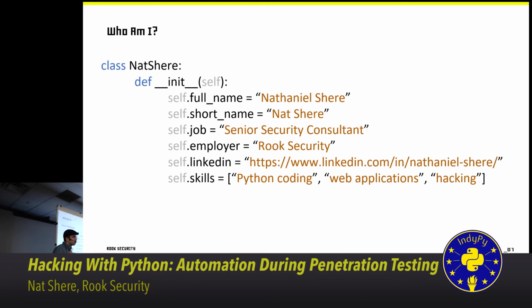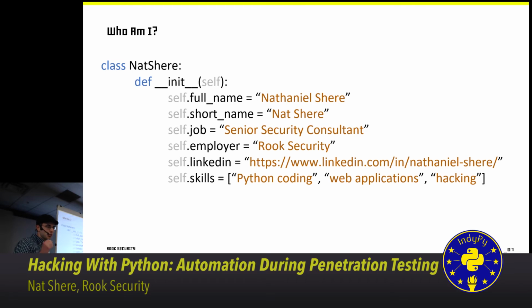So who am I? A little bit about myself. Like I said, my name is Nat Shere. The timing here has been a little bit awkward because as of last week I'm no longer employed with Rook Security, but until last week I was a senior security consultant with Rook Security, and the slide was already made, so why change a good thing?